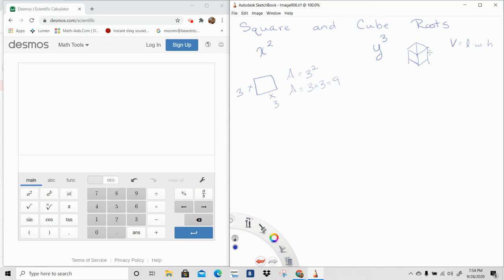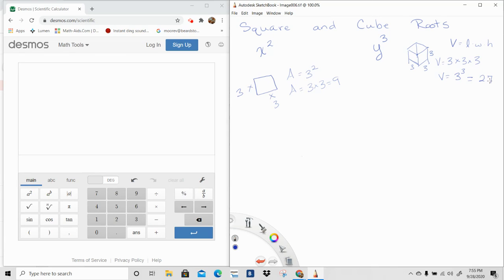Well, with a perfect cube, the length, width, and height are all the same. So it would be 3 times 3 times 3, or we would call that the volume is 3 cubed. And if you multiply that out, you get 27.